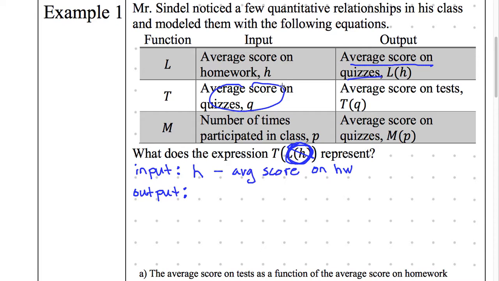You have to check that it's okay to accept that as an input. So I take in average score on quizzes, that giant circle, and I spit out average score on tests. That is our output. This whole thing outputs the average score on tests. I'm just not going to use a variable here. It's just going to be average score on tests.